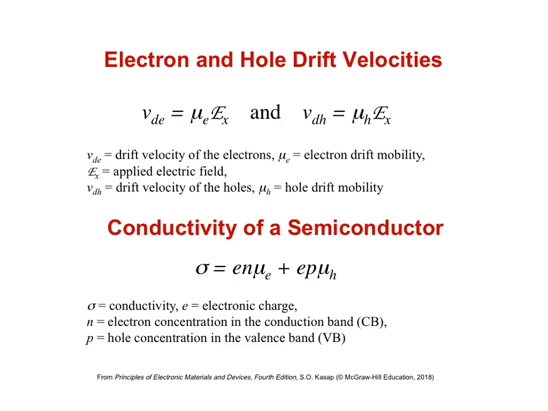Because in semiconductors we have both electrons and holes, we need to consider their contributions to electrical conductivity separately. We think of electrons in the conduction band and holes in the valence band as having different mobilities and different drift velocities, keeping in mind that because the holes are positively charged, they will drift in the opposite direction as electrons.